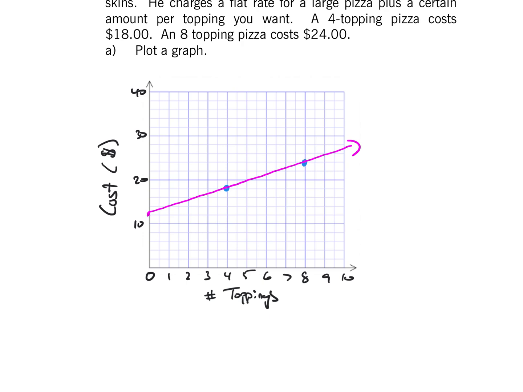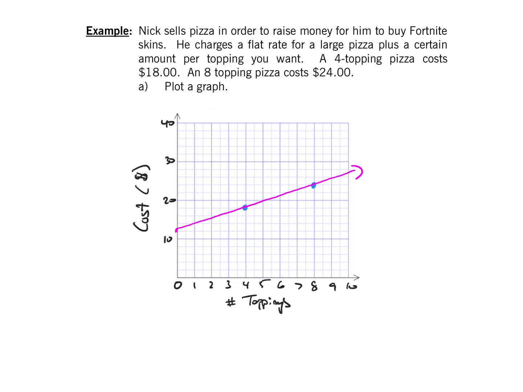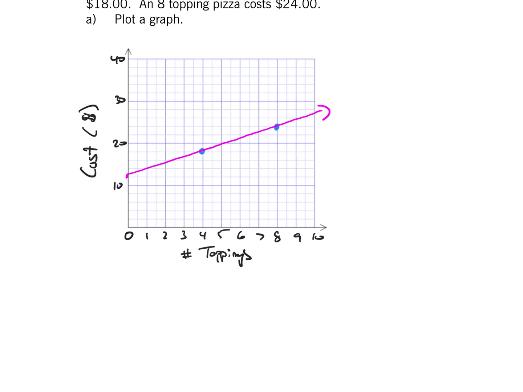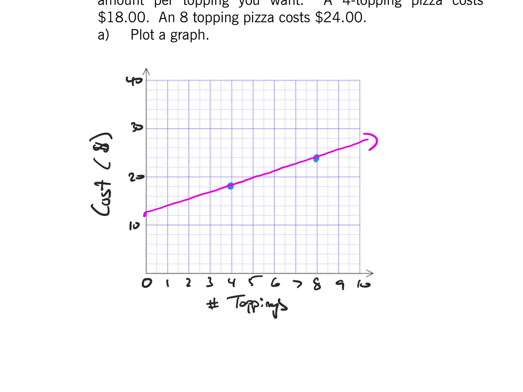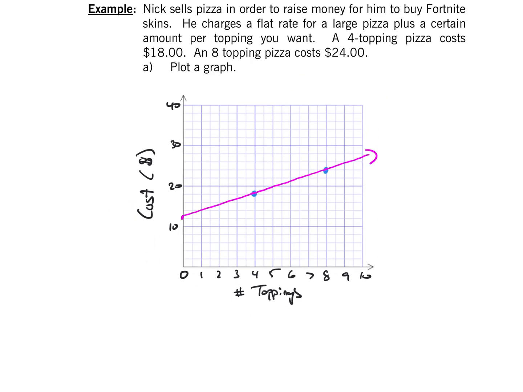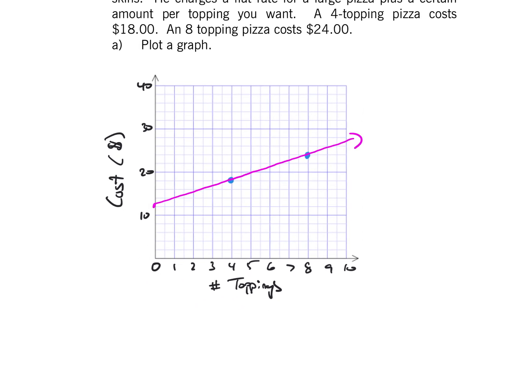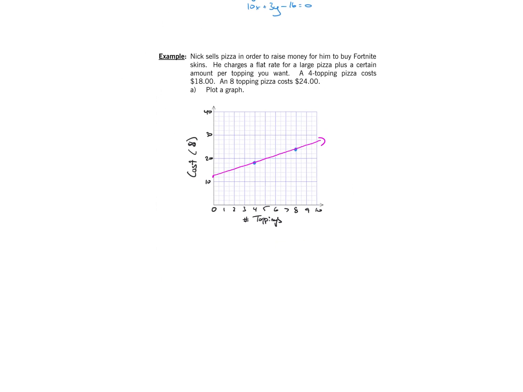Looks like its starting point is about $12 there. Okay, that's what our graph looks like. I did use a ruler, and you should use a ruler too. Whenever you draw a line, make a nice straight line so that it's clearly seen that you've used a ruler. Okay, so that's our first step, plotting the graph. Okay, now what's next?